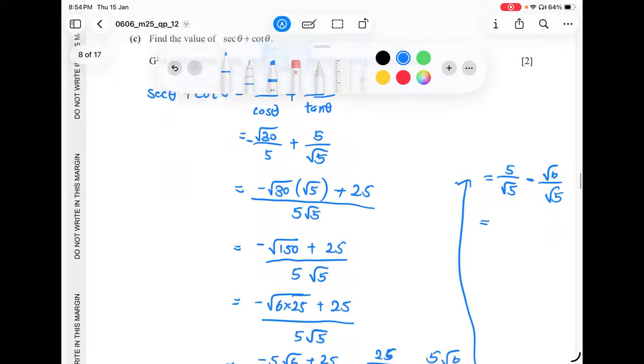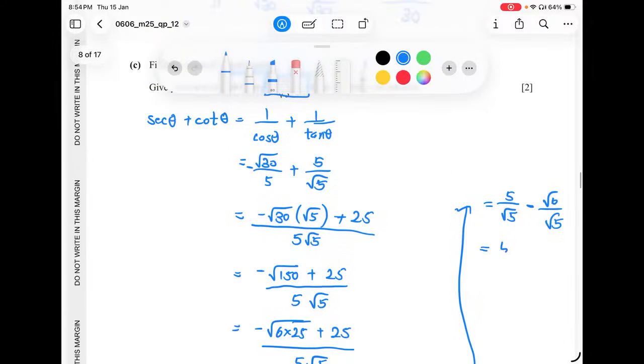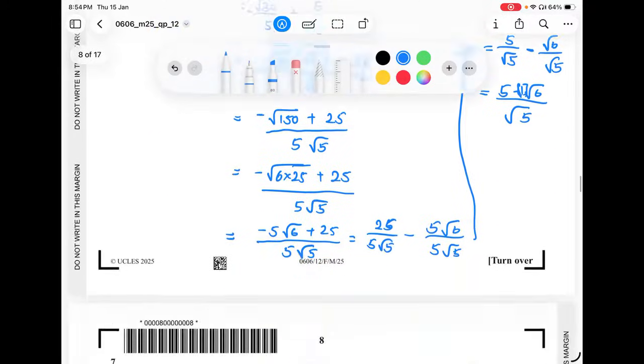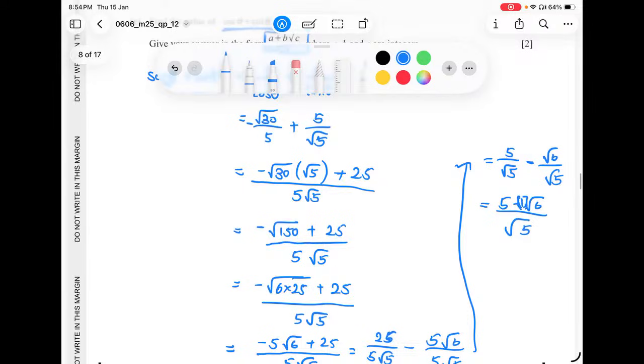So in that form, you need to make it 5 minus root 6 over root 5. So the value of b should be 1. So hope you got how we evaluated it. There is rationalizing involved here, and making the same denominator is also involved when you're solving this question.